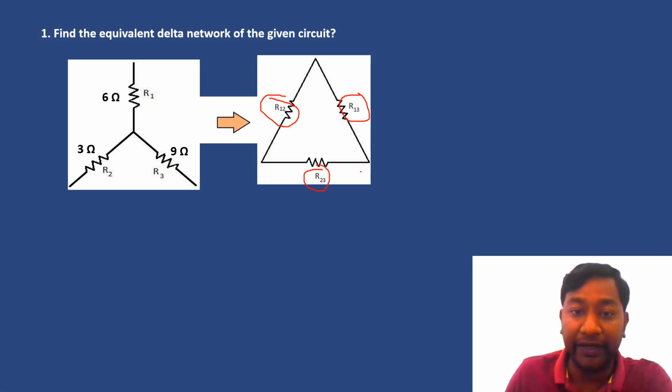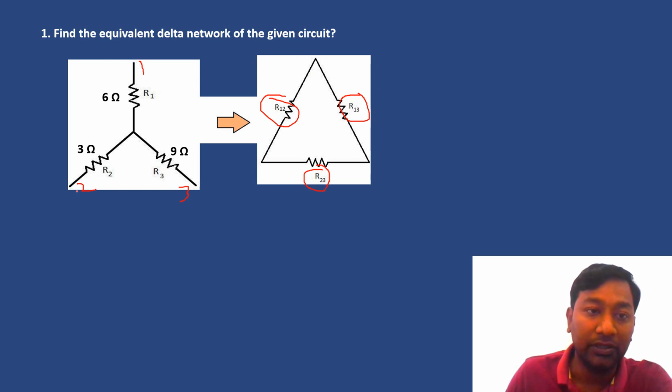Before finding, see this one is terminal 1, this one is terminal 2, and this one is terminal 3. So R12 means the resistance between terminal 1 and 2. First resistance is 6 ohm, second resistance is 3 ohm, and there is another connection.